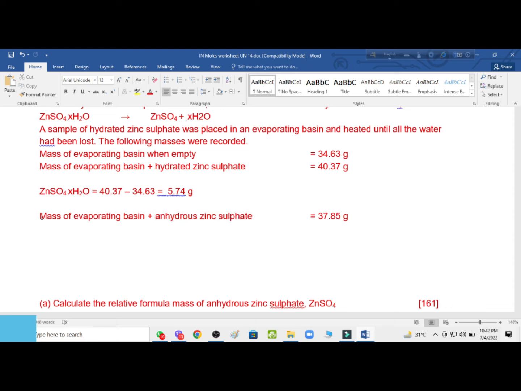And now if you subtract the first one from the last one, 37.85 minus the first one, which is the container, 63. What would you get? I first calculate 37.85.